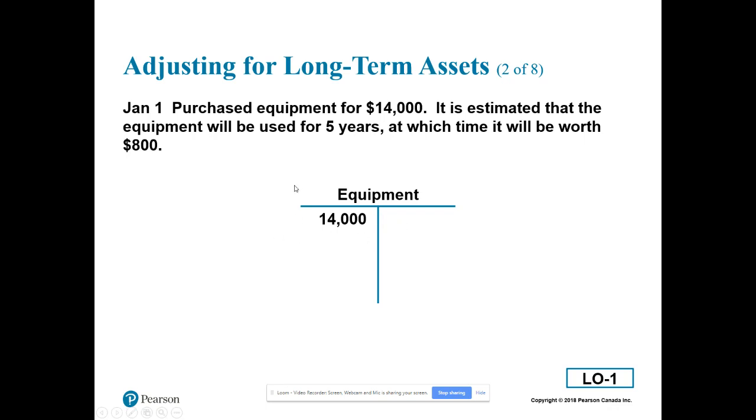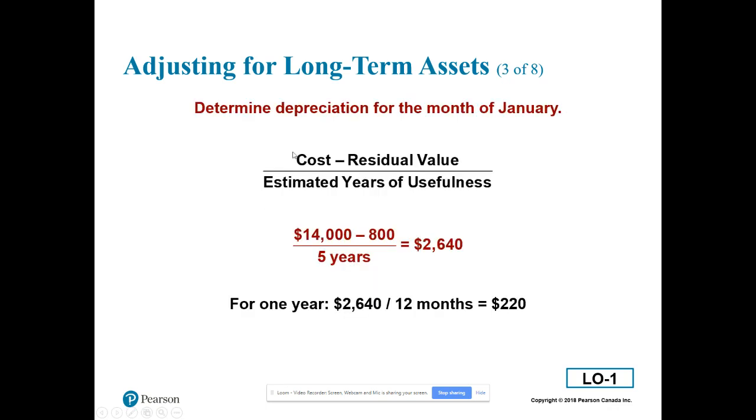But next thing I need to do is when it's time to do the depreciation, I say, what's my cost, which is $14,000. I subtract what the residual value is, so I subtract $800, and then I divide it by the number of years that I'll be using it, which is 5 years. So that means that every year we will take $2,640, or for 1 month we would take $220 of depreciation.